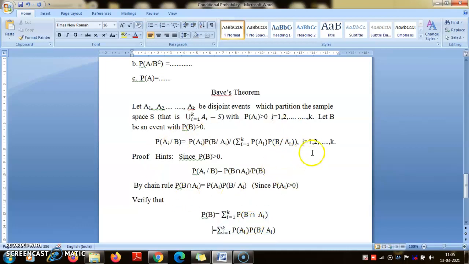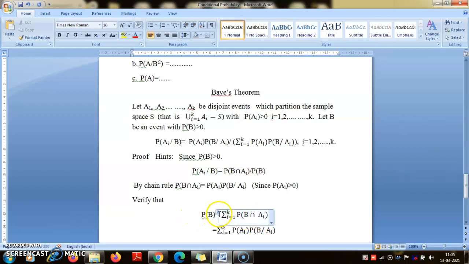So we have gotten this proof just from the definition of conditional probability, the chain rule, and the fact that if A1, A2, ..., Ak are disjoint events and together their union is S, then the probability of any set B can be expressed as the sum of the probabilities of B intersection Ai.